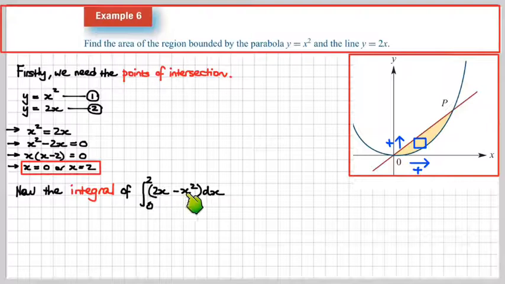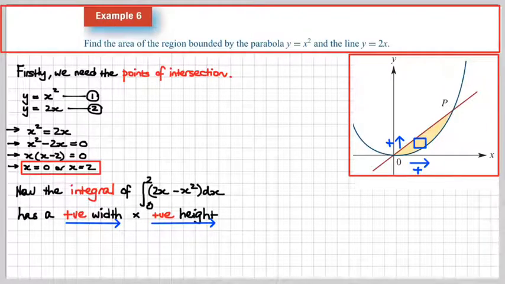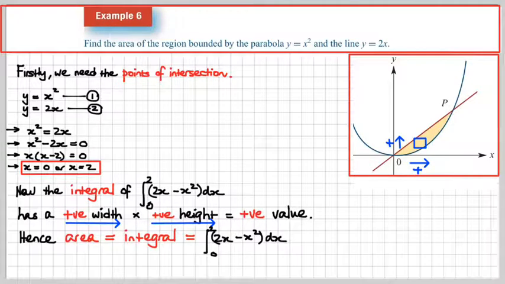High minus low gets me a positive y, and going from low to high in the x sense gets me a positive width. So everything's good, and I can work this out confident that I'm going to get the area. Positive width, positive height gets me a positive value. So the area equals the integral, which equals that.